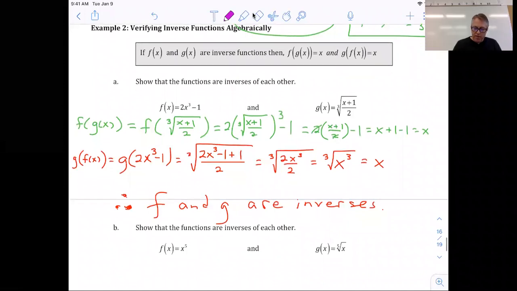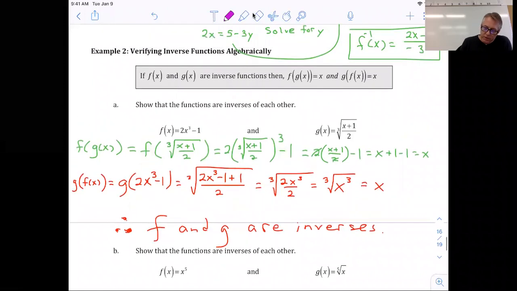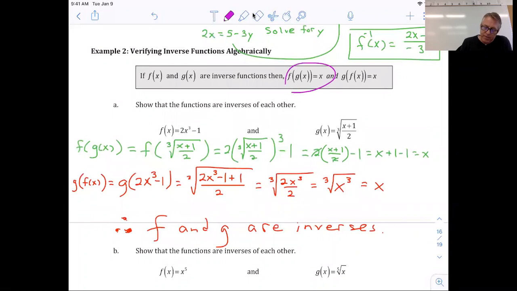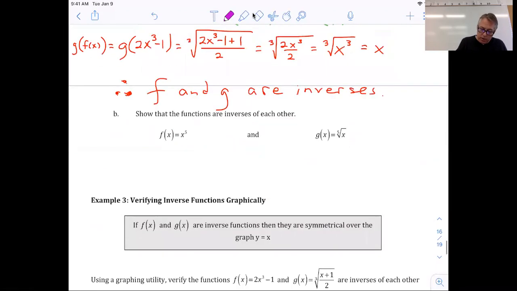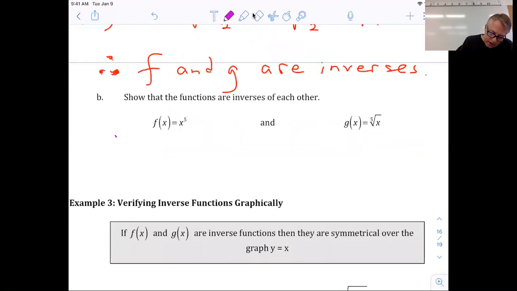Sure. To show if they're inverses, you have to find f of g of x and show that it equals x. And then you also have to find g of f of x and show that it equals x. So for example, here, if I wanted to show that these two were inverses of each other, I would find f of g of x.